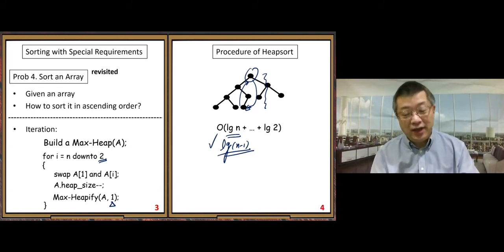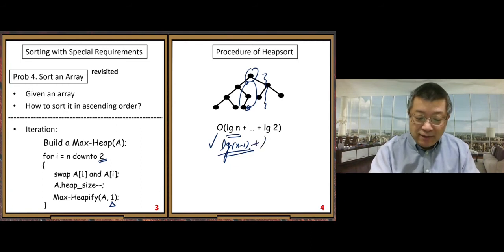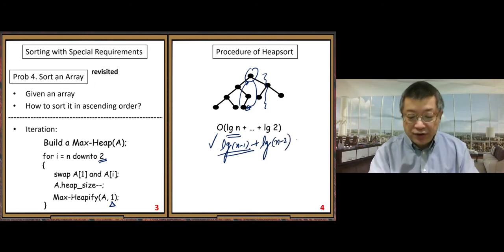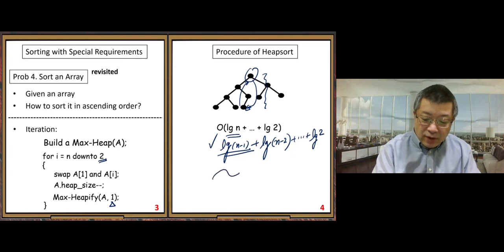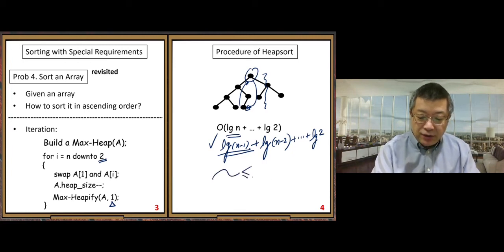The next time you reduce the heap size by 1, so log of n minus 2, and so on. The last one, log of 2. And these numbers are less than or equal to approximately n log n.